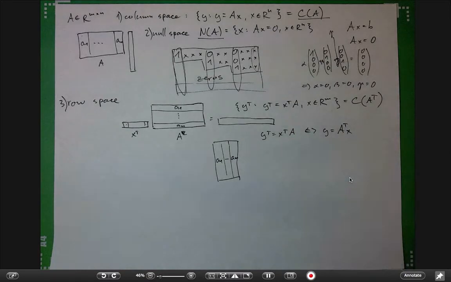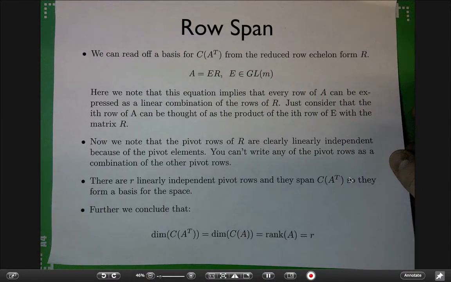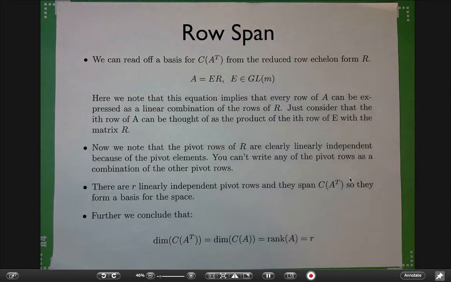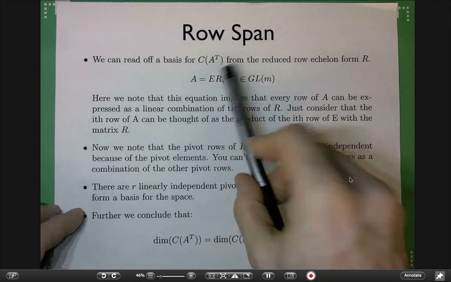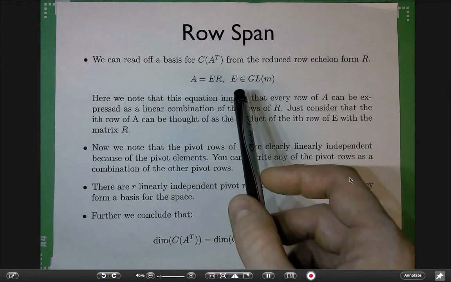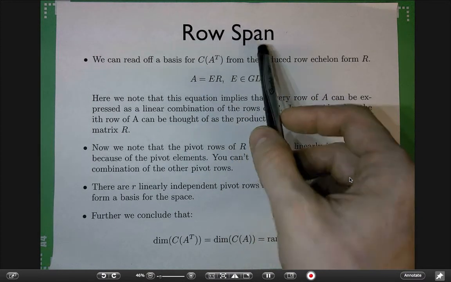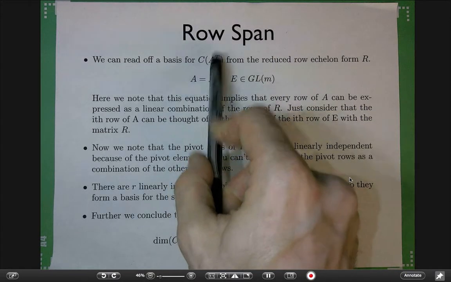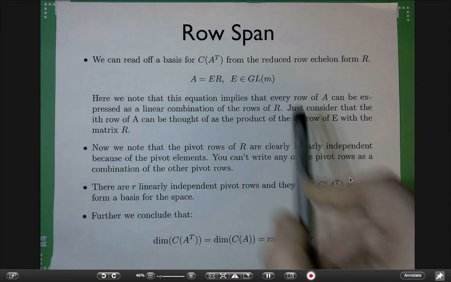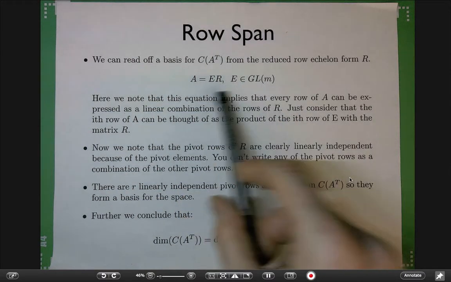And actually, all this stuff is summarized on this slide. The row span business. Sometimes the row space is called also row span, and it's the column span of A transposed. And this is again how we can get it.